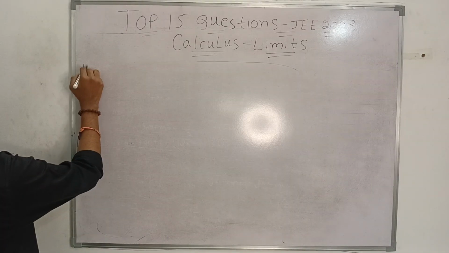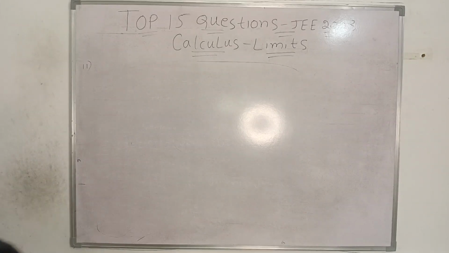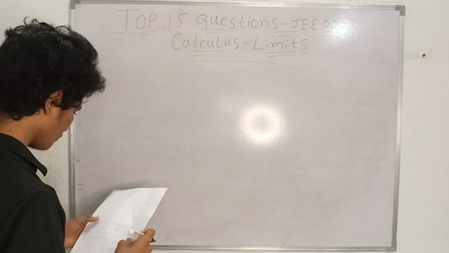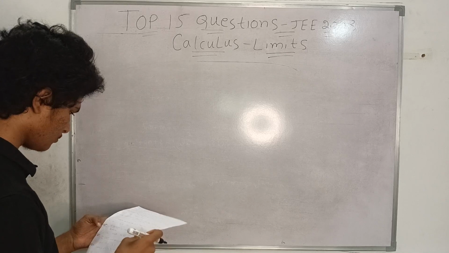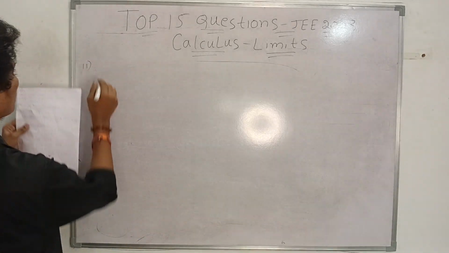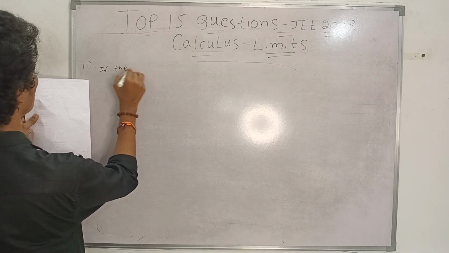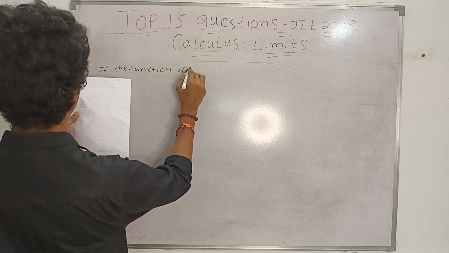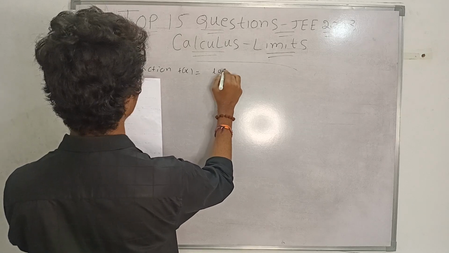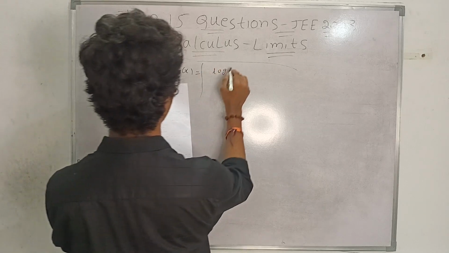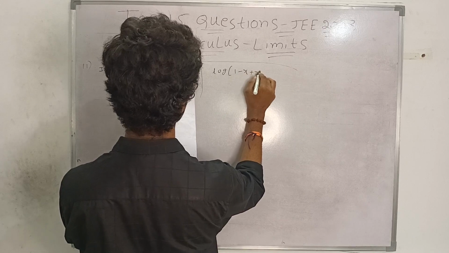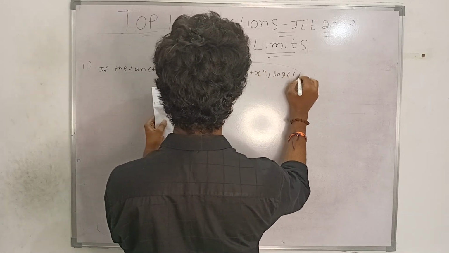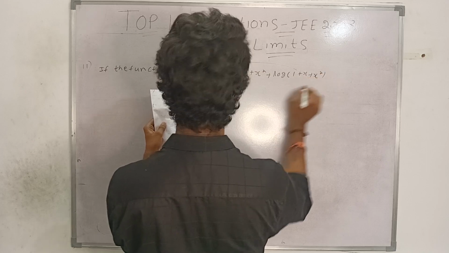Tenth question got completed. Now 11th question. If the function f of x equal to, again we are defining the function, log of 1 minus x plus x square plus log of 1 plus x square.